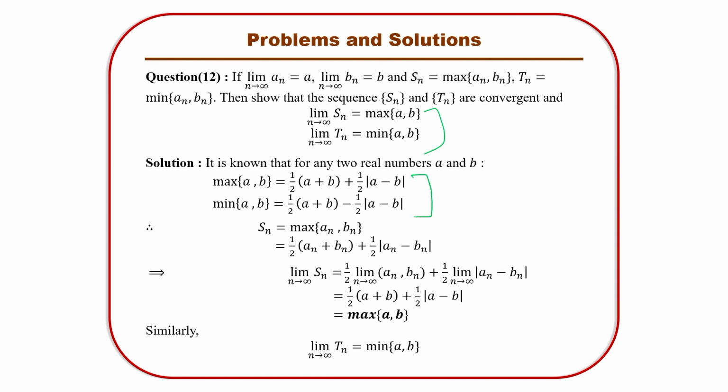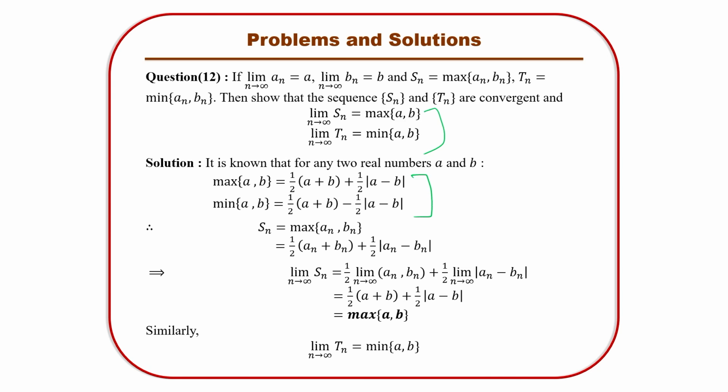If a question is asked that there are two sequences a_n and b_n that converge to two different points a and b, and I choose S_n and T_n as the maximum of a_n, b_n and the minimum of a_n, b_n, then S_n and T_n are also convergent, and moreover they converge to the maximum of a, b, the limit points, and the minimum of a, b.